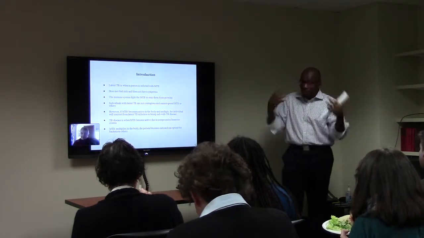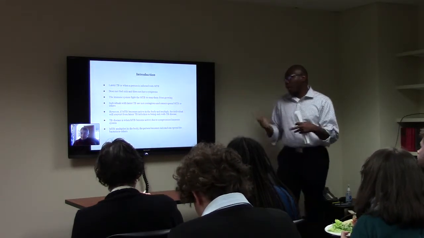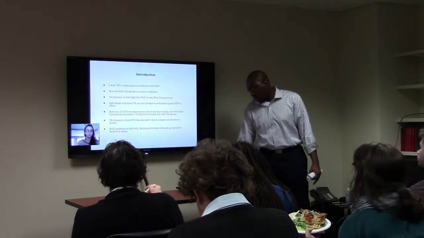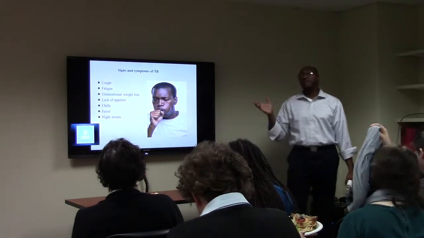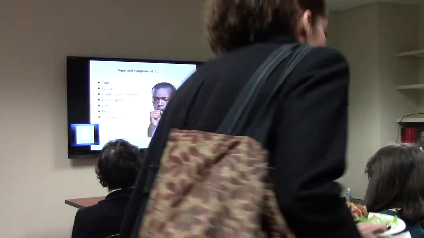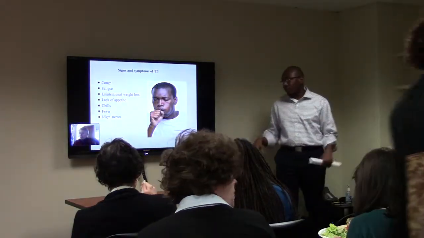That's when the person presents with the active form of the disease. And it multiplies rapidly in the body and can spread to other parts of the body. The signs and symptoms of tuberculosis are cough, fatigue, weight loss, night sweats, chills, and fever.